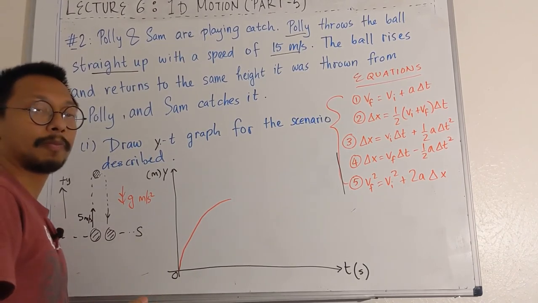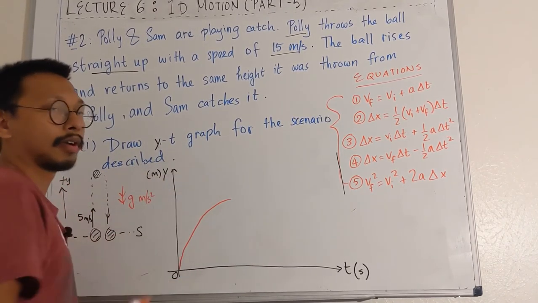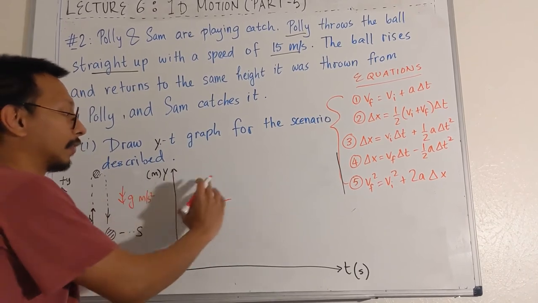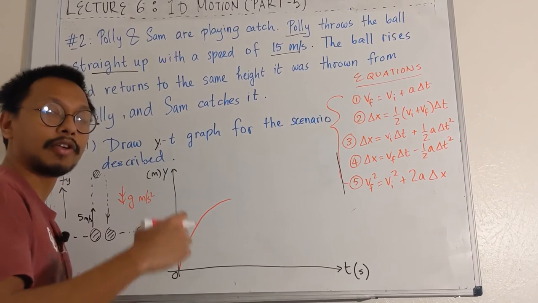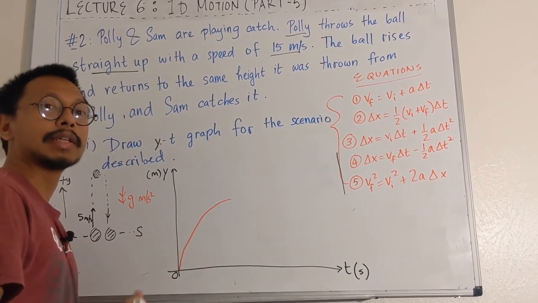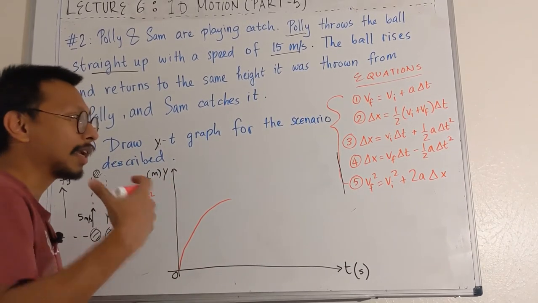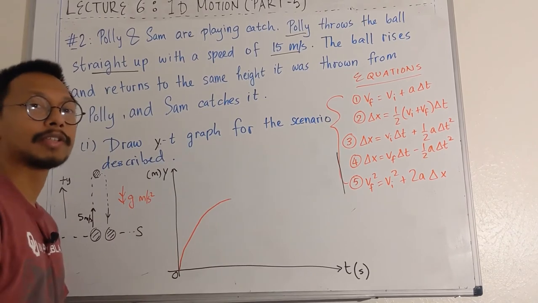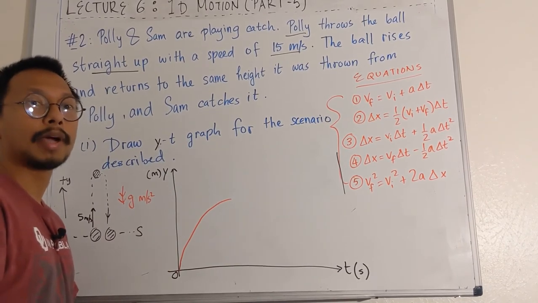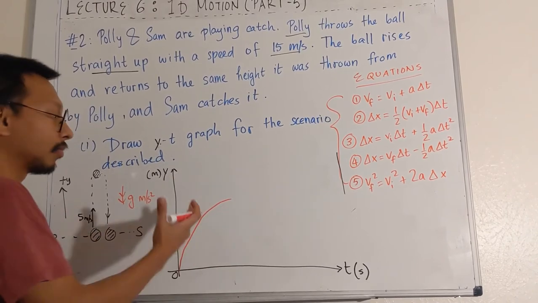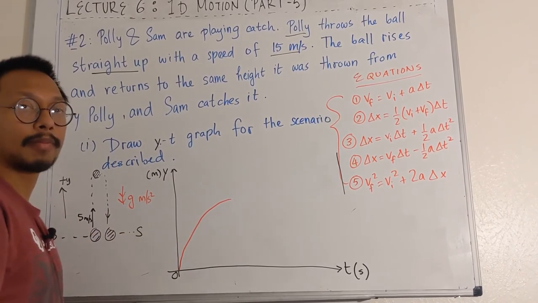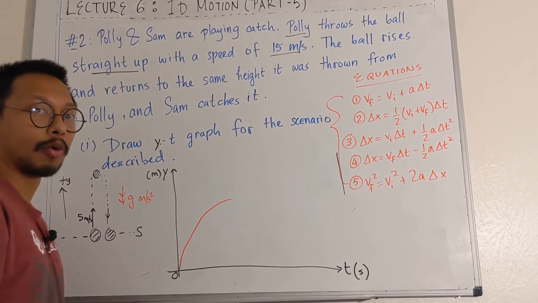Because as we know, for a straight line graph, the slope needs to be constant, and constant velocity means zero acceleration. But anything that's moving in the vertical plane is always being accelerated by gravity. That's why anything that's moving in the vertical plane must have a curved xt graph or yt graph.